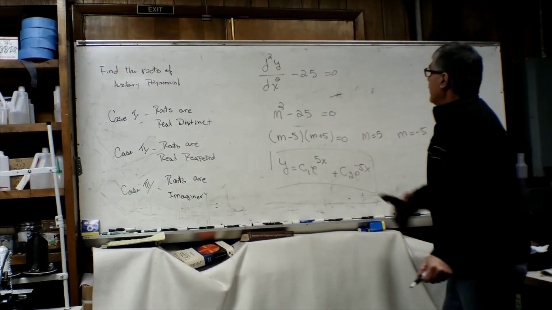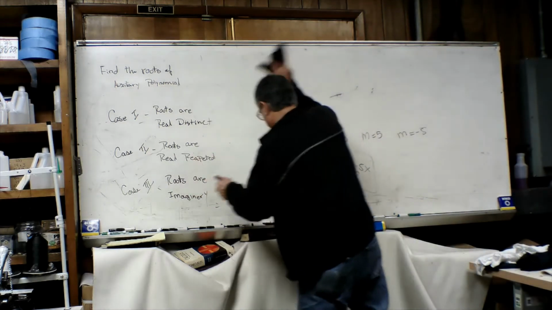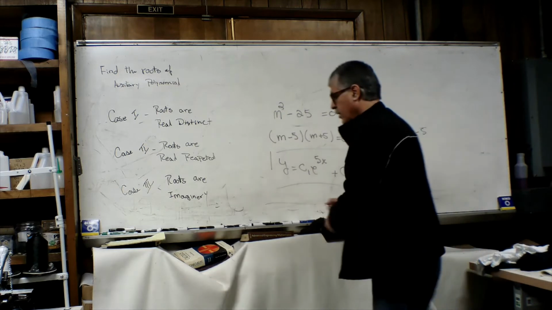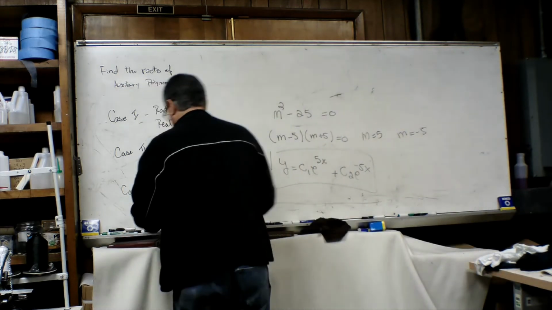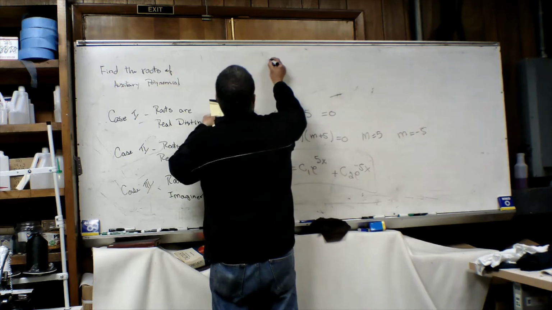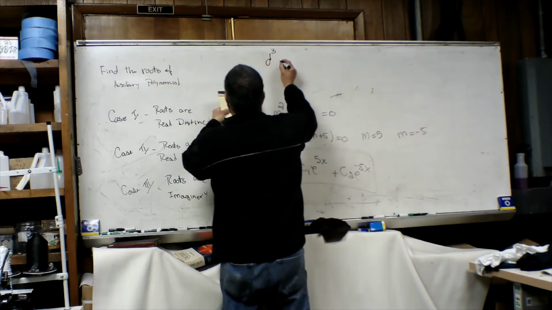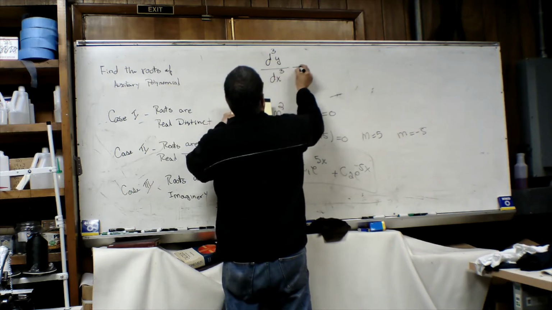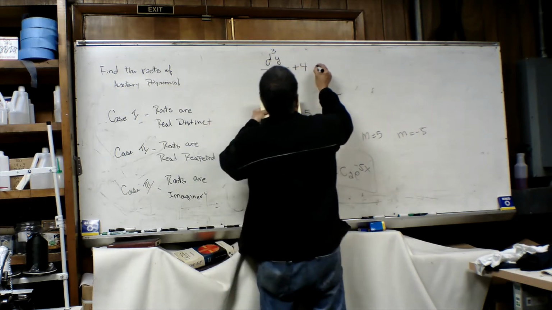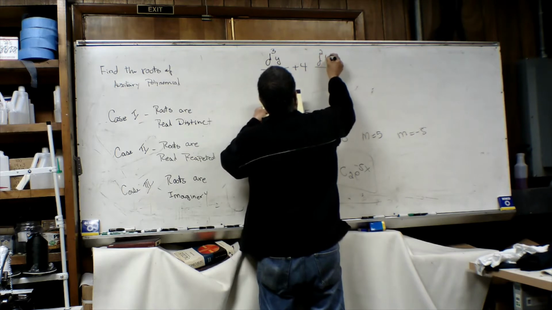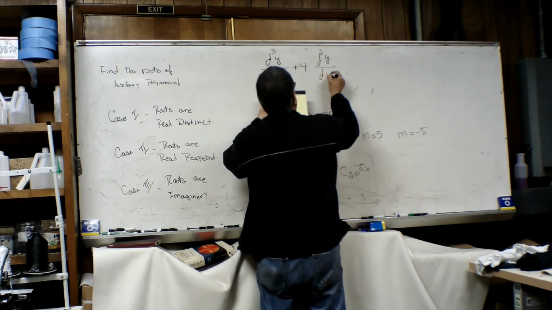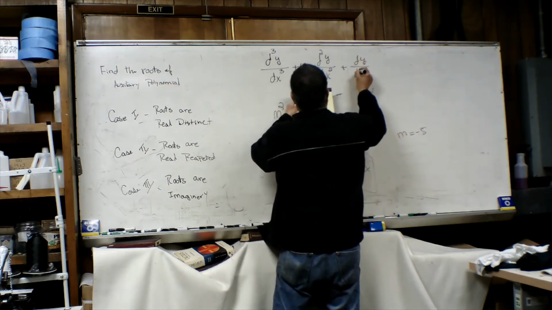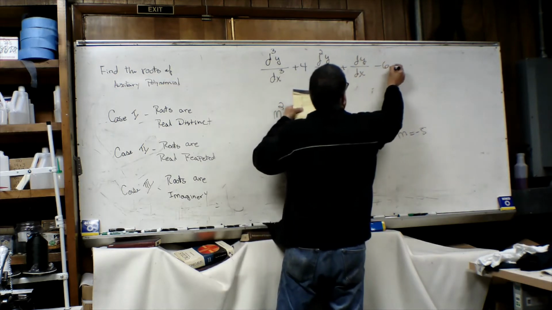Now, let's look at another problem. Let's look at this problem: d3y over dx3 plus 4 d2y over dx2 plus dy over dx minus 6y equal to 0.